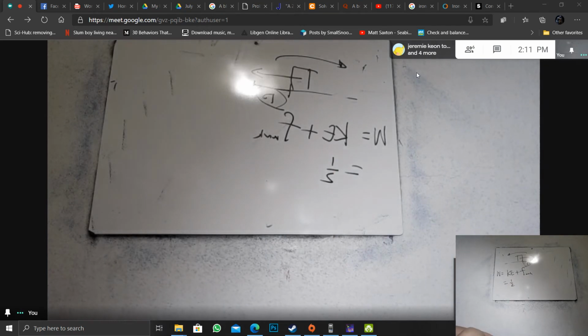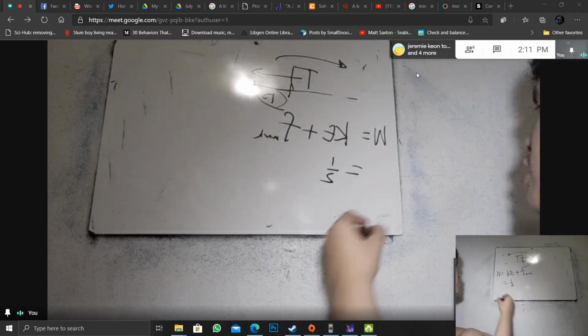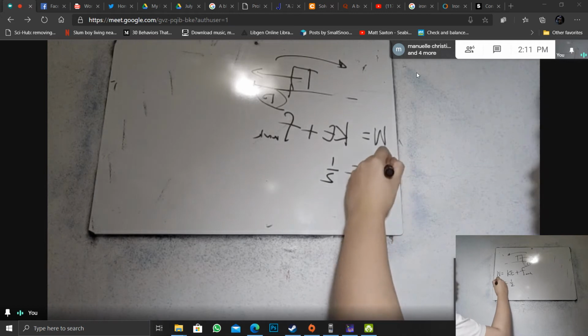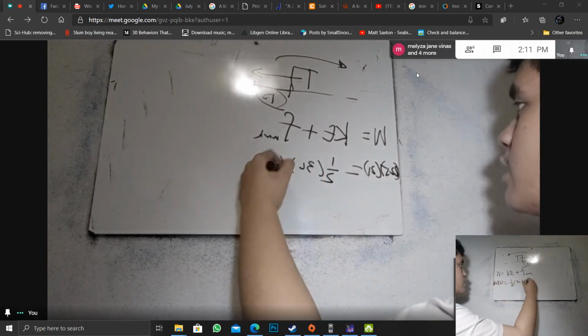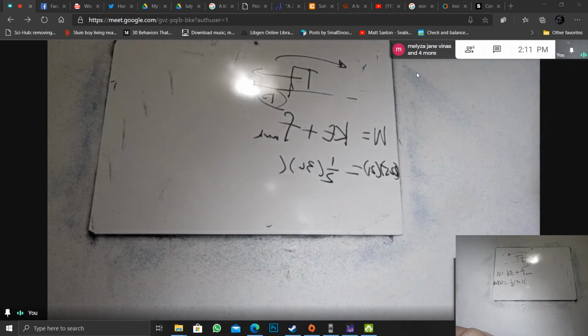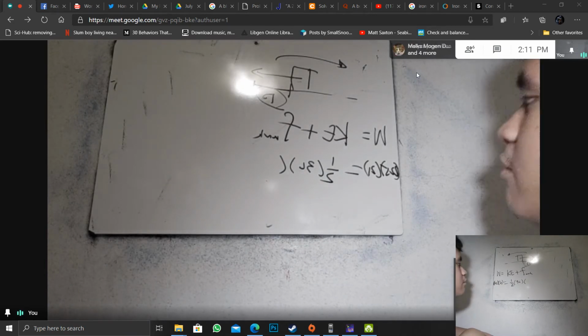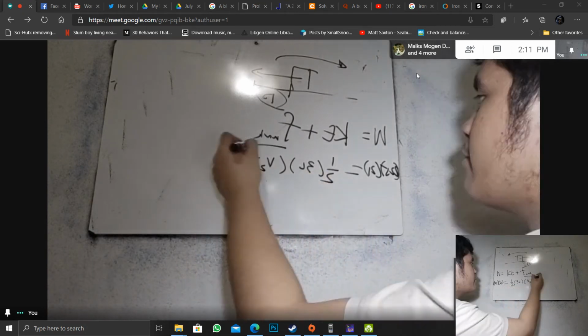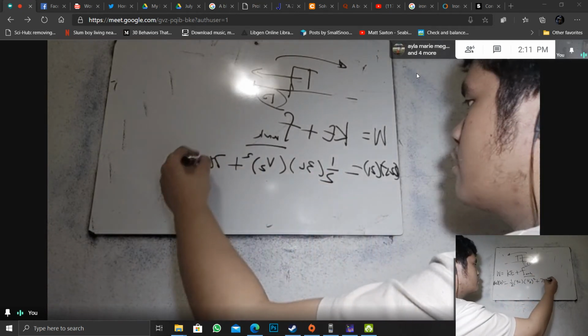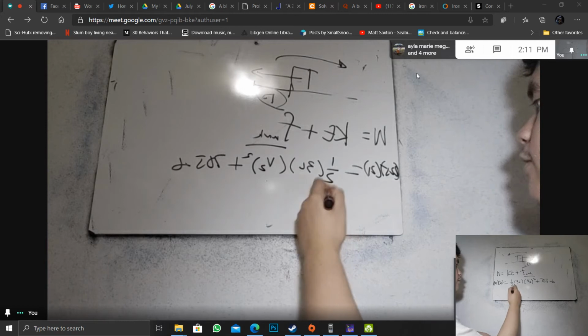Oh, kasi may constant force tayo eh. 225 times 21 equals 1/2 times 36 times initial velocity. Wala. Hinala natin yung final, di ba? Kasi starting from rest. Plus 705.6. Solve. V equals 14.9 meters per second.